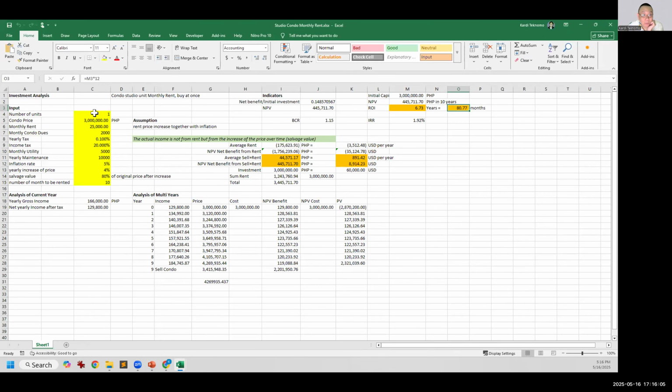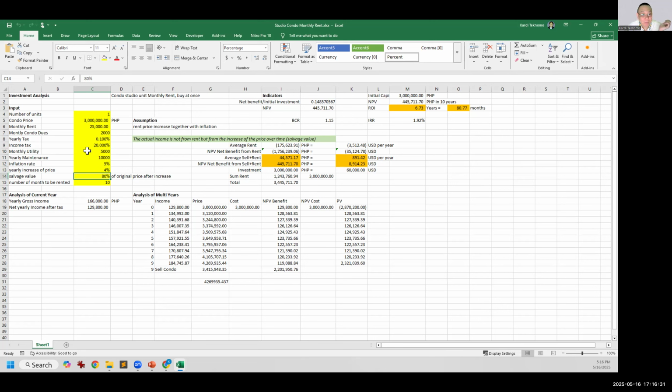What happens if, for example, you buy a condo unit in Manila and then rent it out? You pay certain utilities, and these are the assumptions of the inflation rate, and then after 10 years you sell that unit.